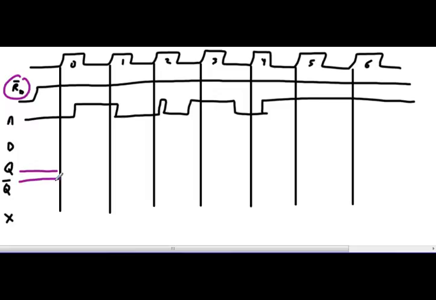X is A or Q. Q is low, so X is going to be low. If X is low, then D is going to be low. All right, now I'm set. So D is low, Q is low, Q naught is high, and X is low. The clock pulse happens.